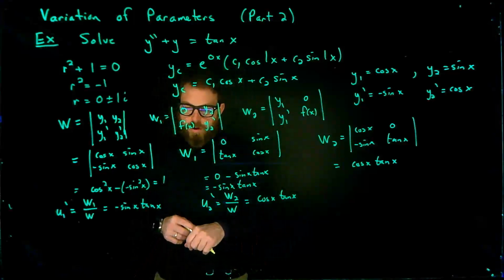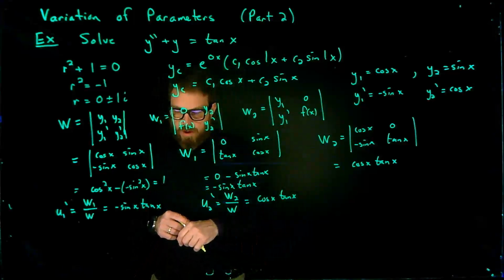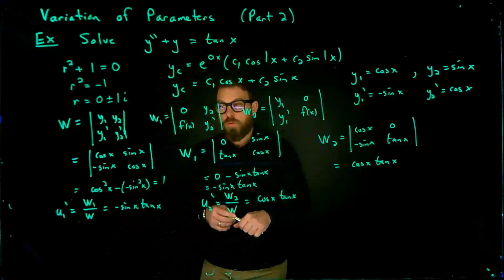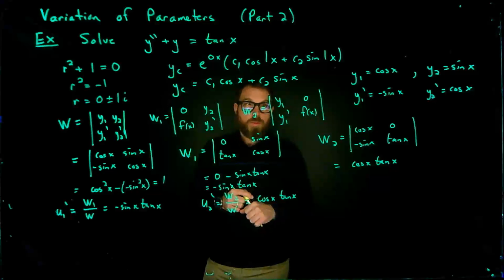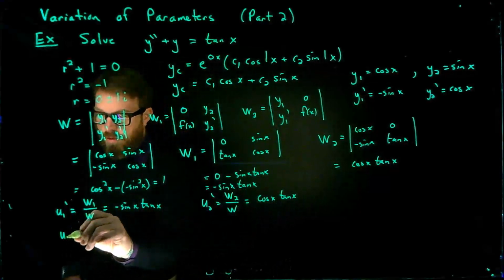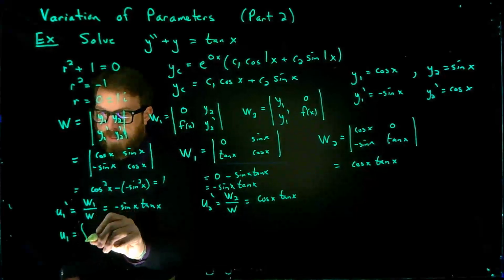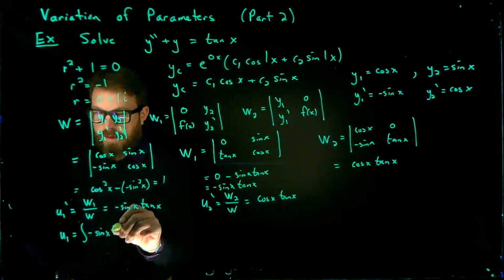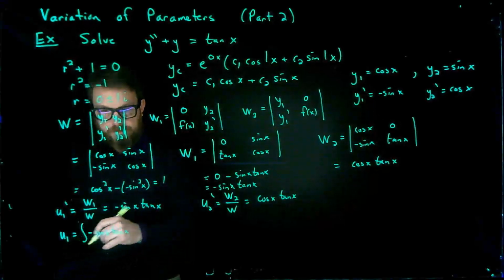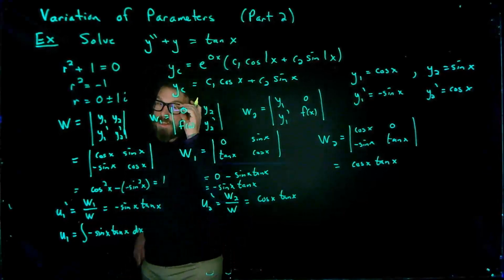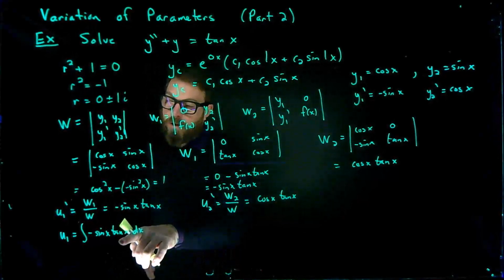Now, remember the way our solution is, we need U1 and U2, not U1 prime and U2 prime. So I'm going to have to take the antiderivative of these things. So U1 is going to be equal to the antiderivative of minus the sine of x tangent of x dx, which is sine over cosine.